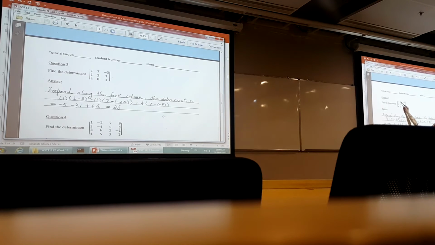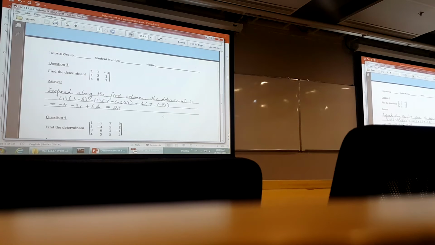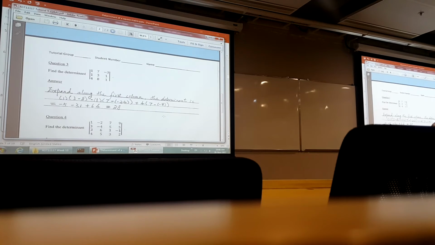And then 4 times 7 minus 9, which is 16. 16 times 4 is 64. Positive, negative, positive. So 64. And then minus 5 minus 31 plus 64 is 28.